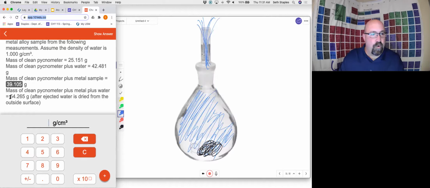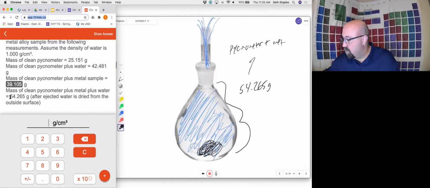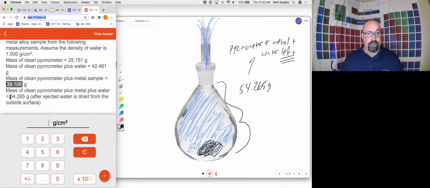And this 54.265 that we're given here, that is what is left just down here now. So that's 54.265 grams. That is our pycnometer plus our metal plus the water that was left over.